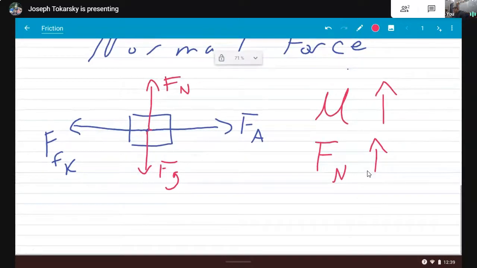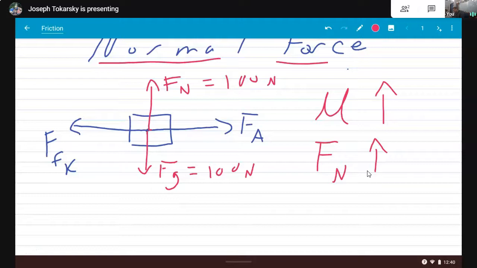And it does turn out in many cases, normal force does equal your weight. So if you have a 100 Newton object, that is also your normal force. So why don't we say weight is the other factor? Well, I'll tell you why, without getting too complicated. When we get to more complex scenarios, like if the applied force is at an angle, that changes the normal force, but it doesn't change the weight.